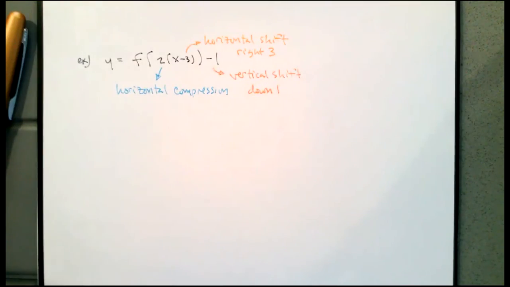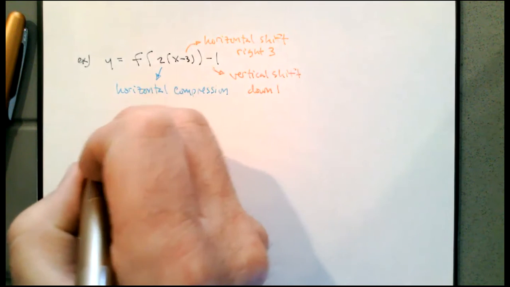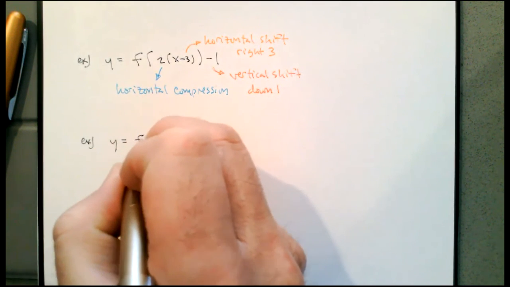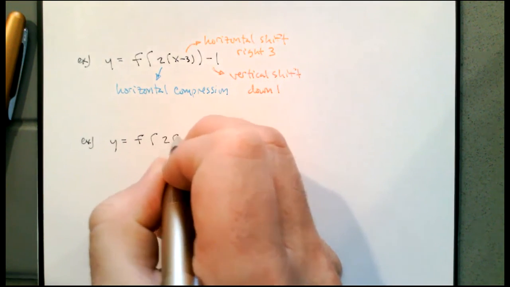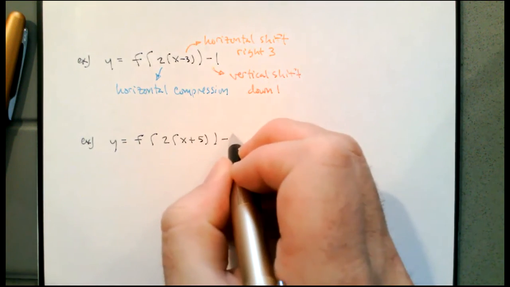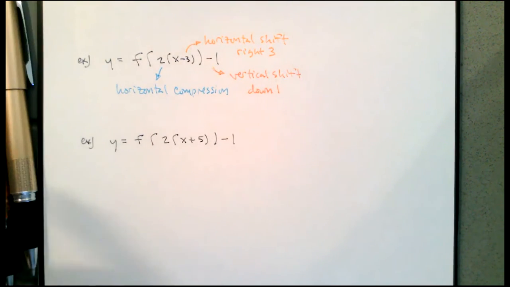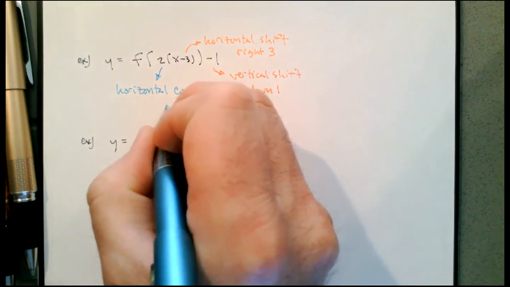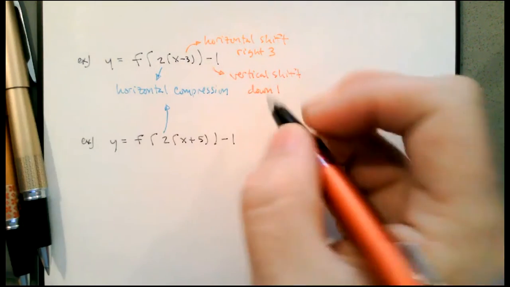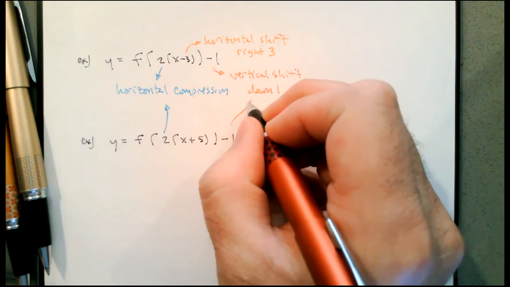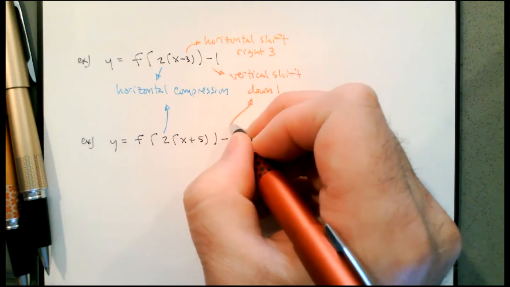Now, if we had a modification to the function where y is equal to f of 2 times x plus 5, minus 1, the 2 still represents horizontal compression. The -1 still represents a vertical shift down 1 unit.